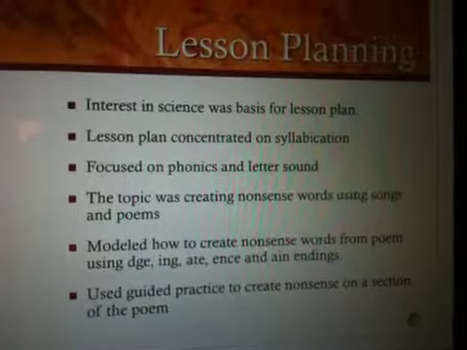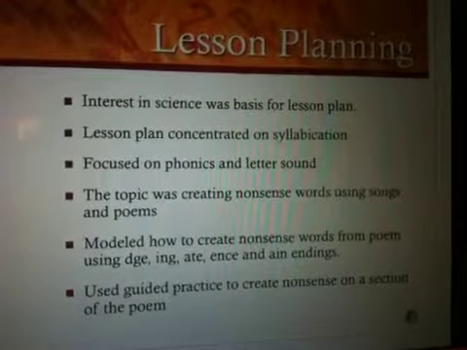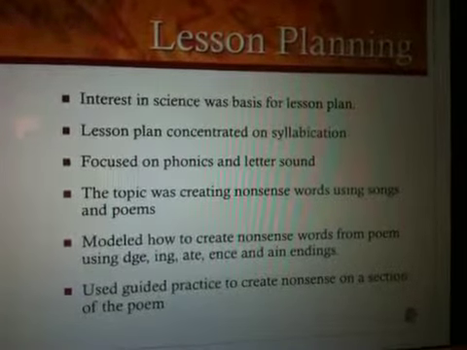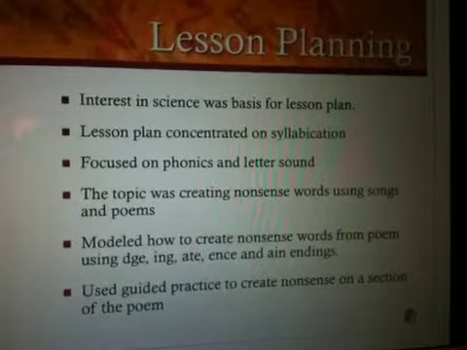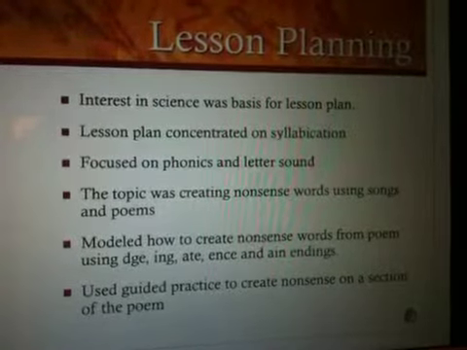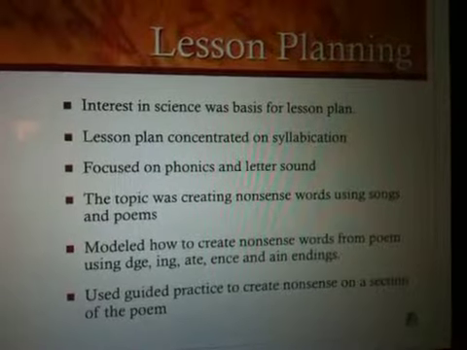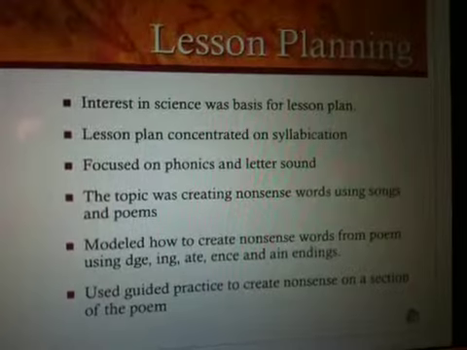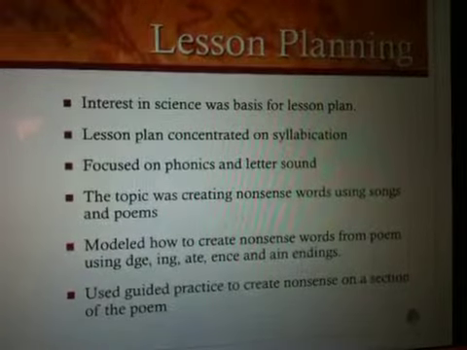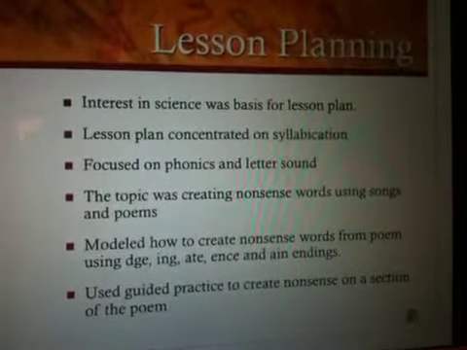I got a poem from a website about the brain, and what we pretty much did was concentrate on the DGE, ING, ATE, ENCE, and AIN endings.